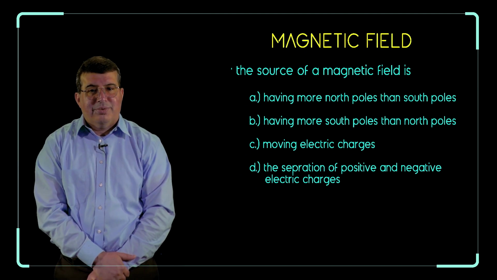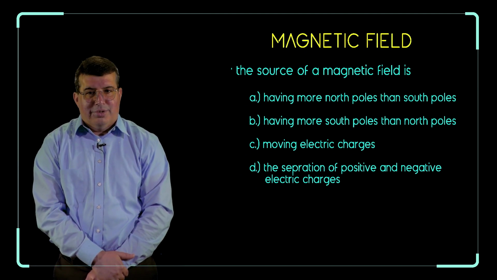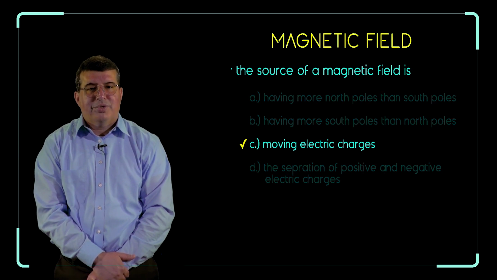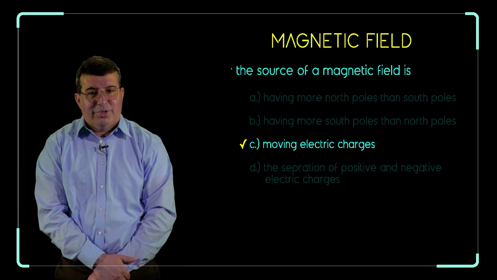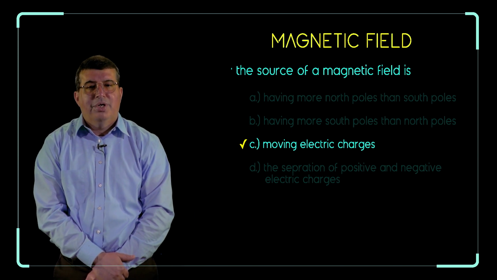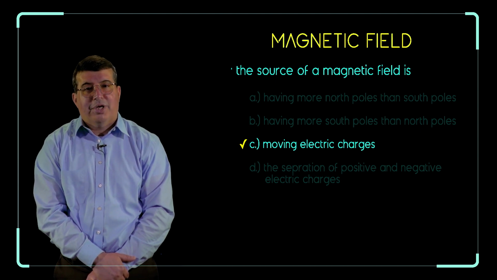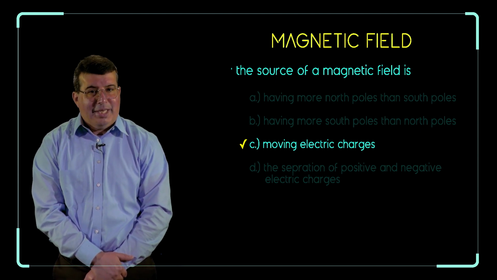The correct answer is C, moving electric charges, otherwise known as an electric current. So moving electric charges are an electric current, and electric currents create magnetic fields. Let's talk about those first two answers, having more north poles than south poles or having more south poles than north poles. That can't happen.